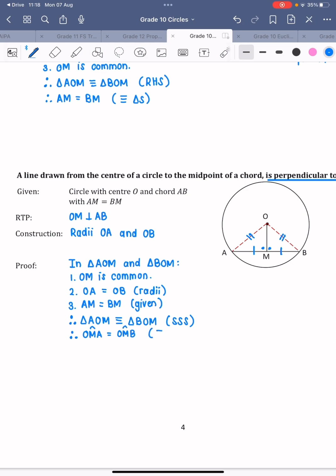And the reason for this is congruent triangles. And OMA plus OMB is equal to 180. And the reason for that is angles on a straight line.